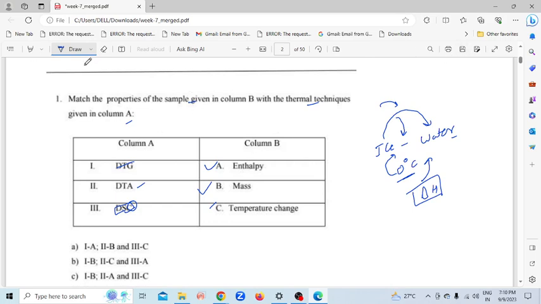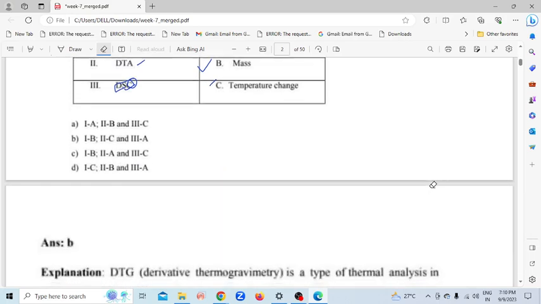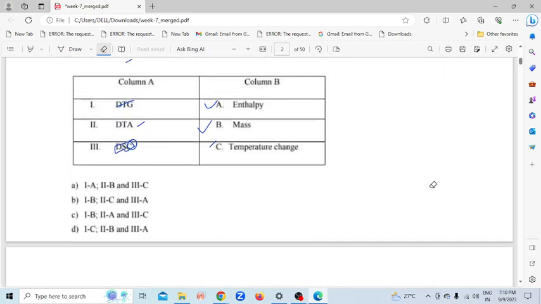So it is very clear now. DTG will measure mass, so B is the right answer.